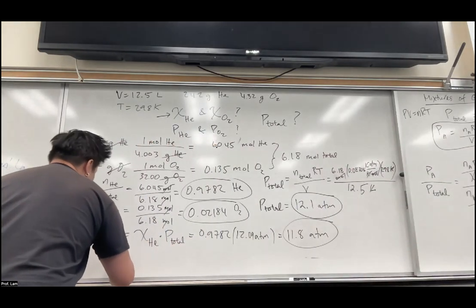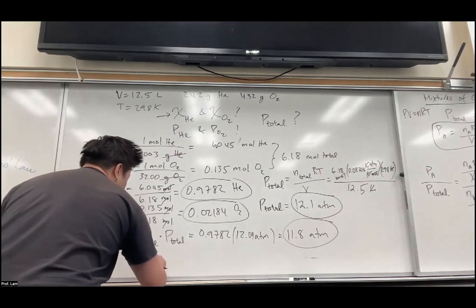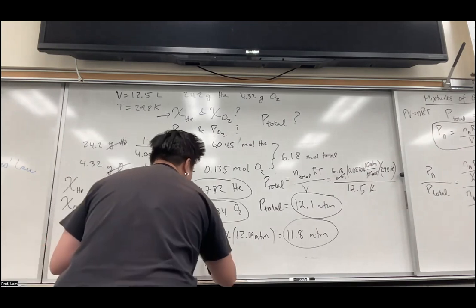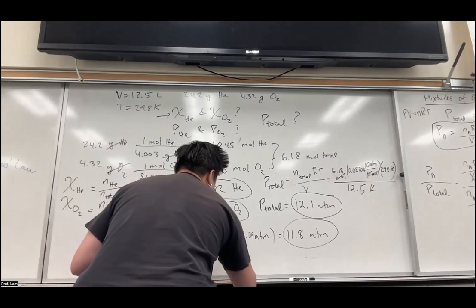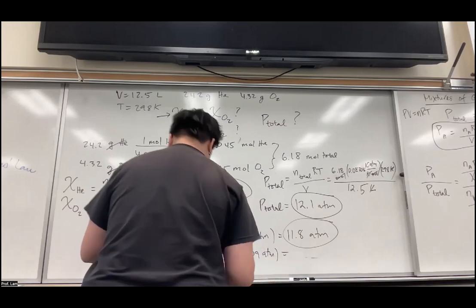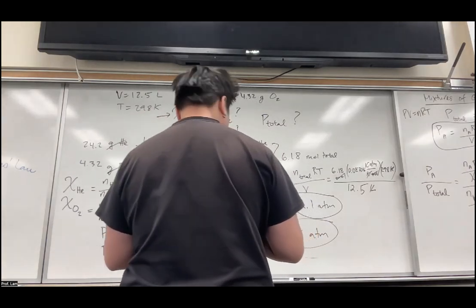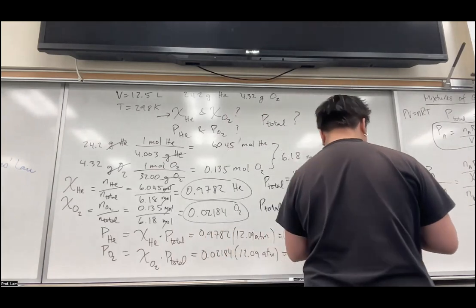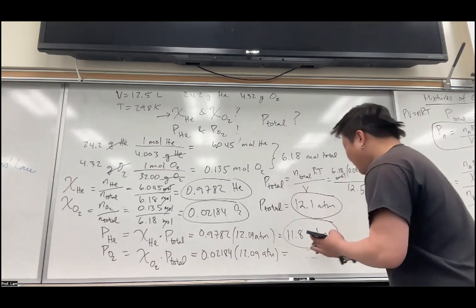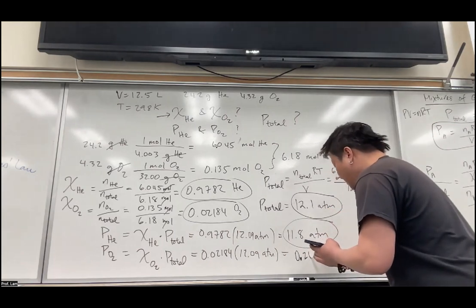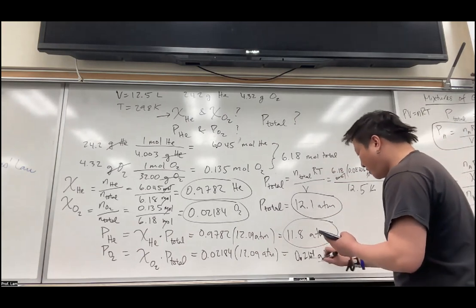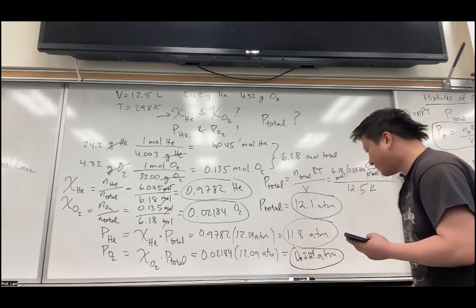And I can do partial pressure of O2. It's chi of O2 times P total. So that's 0.02184 times 12.1. That gives me 0.264 because I want 3 sig figs.